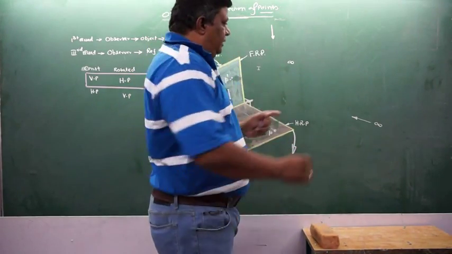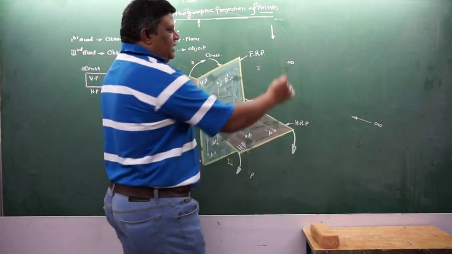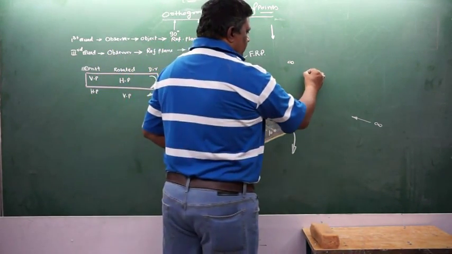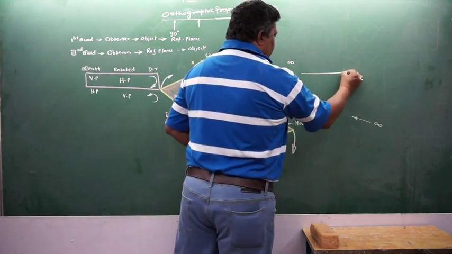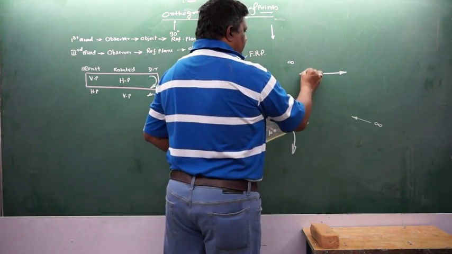Now let us see the different views in different quadrants. Let's talk about the first quadrant. Then, this is my XY line.